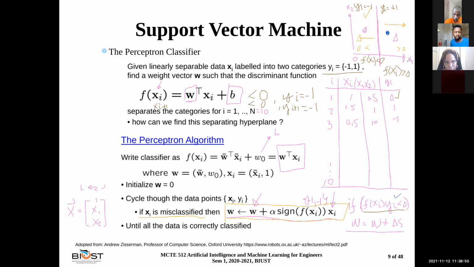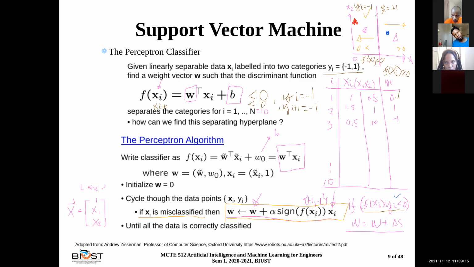But on the other hand, if you have a red triangle in this region, a red triangle is considered to be a +1 classification. So if you evaluate f of xi, because it is in this region, all points in this region evaluated by f of xi will be less than 0.